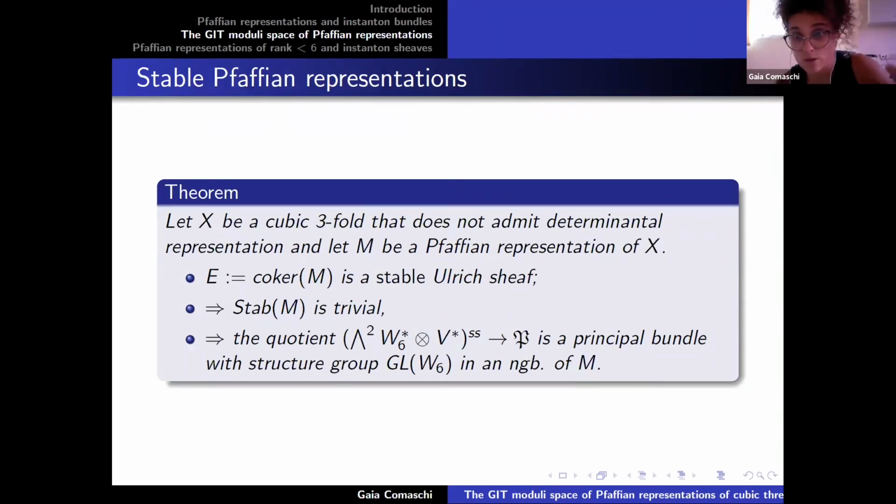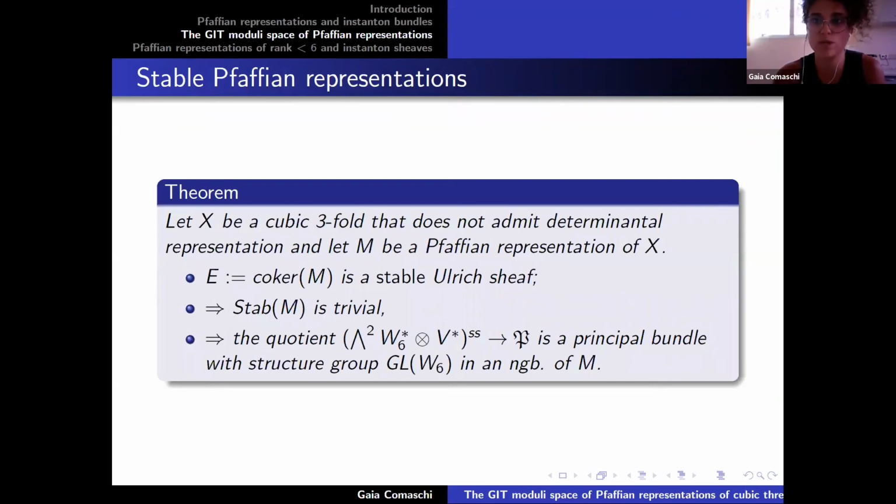So whenever we have a strictly semi-stable representation, then we have a determinantal cubic. If the cubic is not determinantal, then we can prove the following: every Pfaffian representation will determine a stable Hurwicz sheaf.